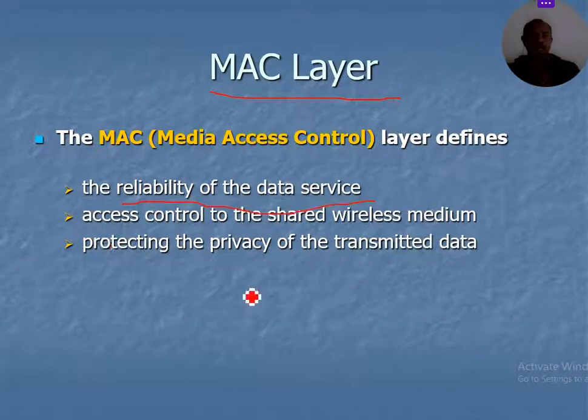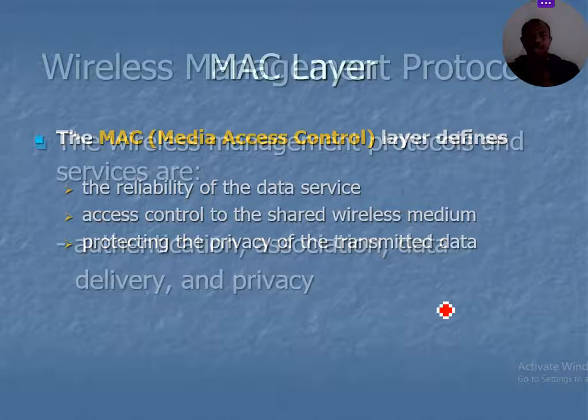It also looks at the access control that is shared with the wireless medium, and also looks at protecting the privacy of the data that is transmitted. So we're looking at how we can control what we share with the medium, and at the system reliability of the data service.